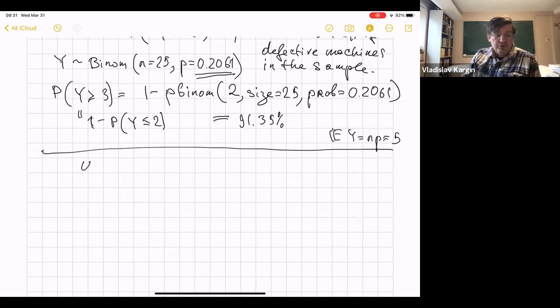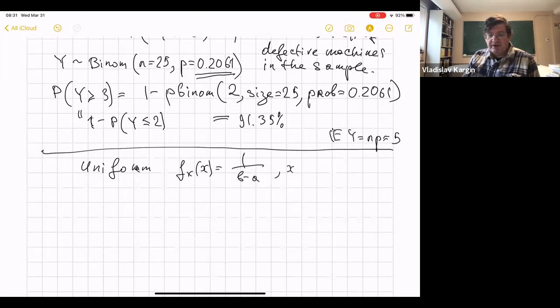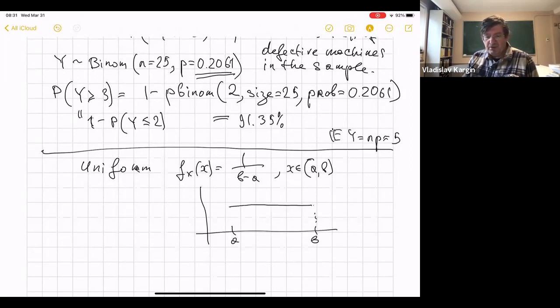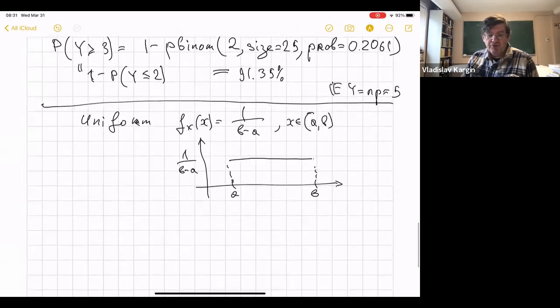We studied the uniform distribution, and the density f of x was equal to 1 divided by b minus a, where x belongs to the interval from a to b. It just was a constant, right? So between a and b the density was constant, 1 divided by b minus a. And so this was the uniform distribution.